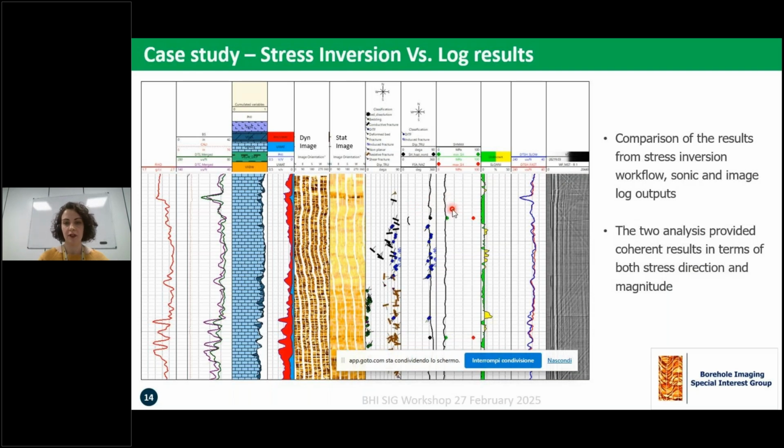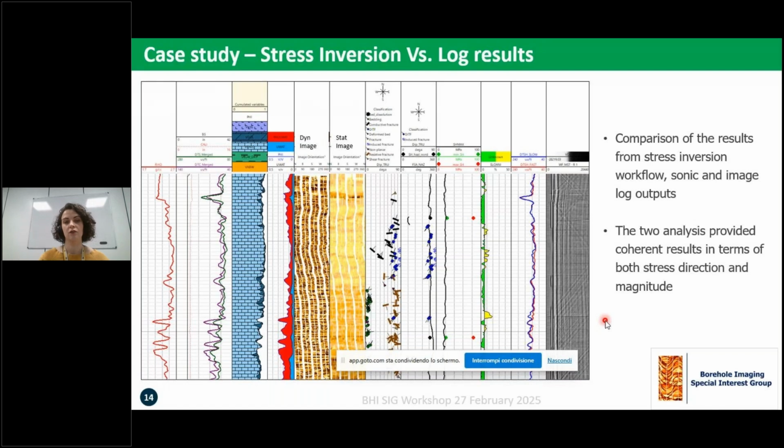And furthermore, we also considered the maximum horizontal stress from log analysis, which involves different logs such as density, sonic, and pore pressure from operative analysis. And as you can see, the computation of maximum horizontal stress fits well with the minimum of the maximum horizontal stress from the stress inversion workflow. The other limit is in red, represented by these two red dots.